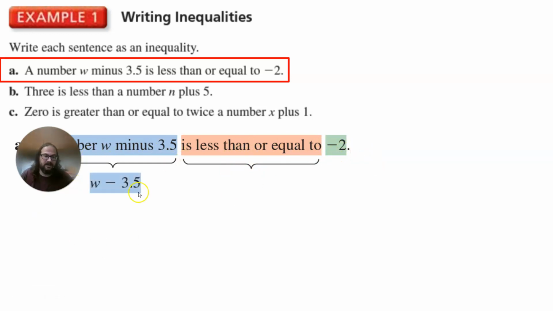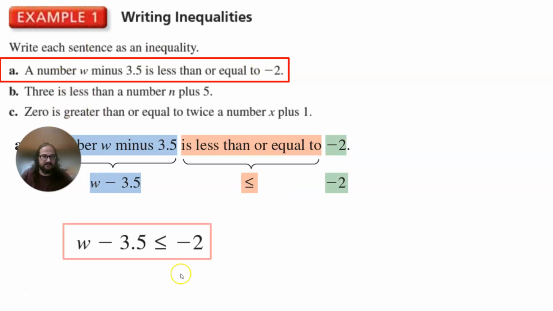So we would write W minus 3.5, is less than or equal to, that's this one, and then negative 2. So the inequality that matches that sentence would be W minus 3.5 is less than or equal to negative 2.